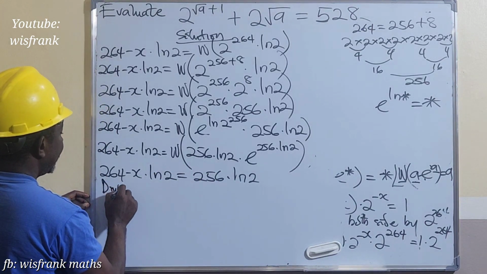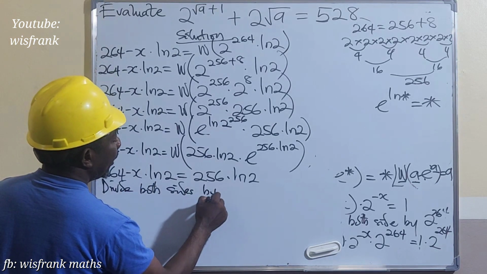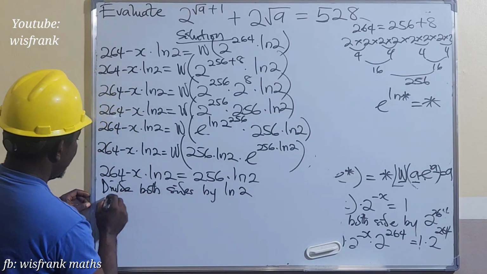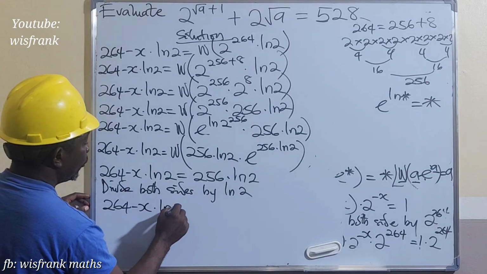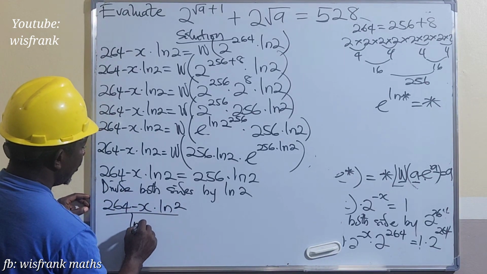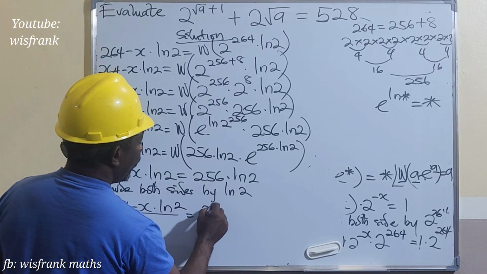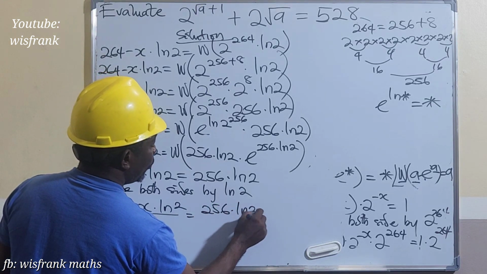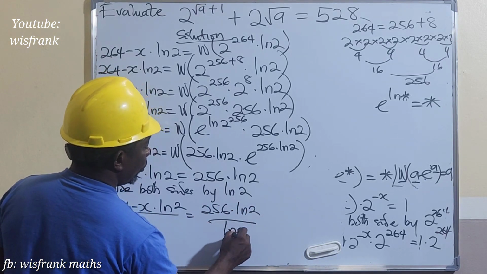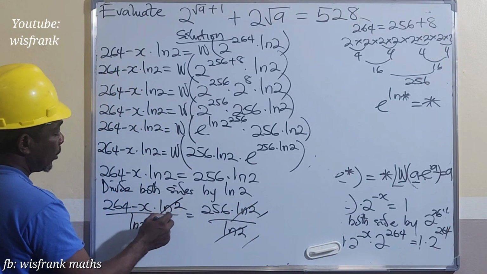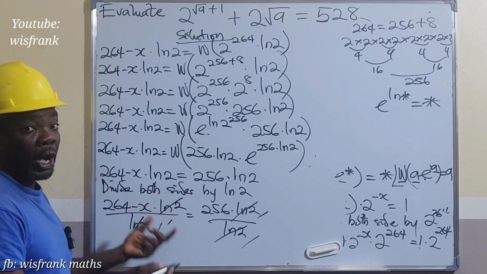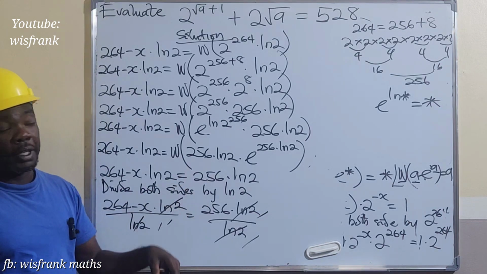So we have 264 minus x times ln of 2 all over ln of 2 equals 256 times ln of 2 all over ln of 2. The ln of 2 will cancel here and here. We don't have ln of 2 again. They have cancelled each other.